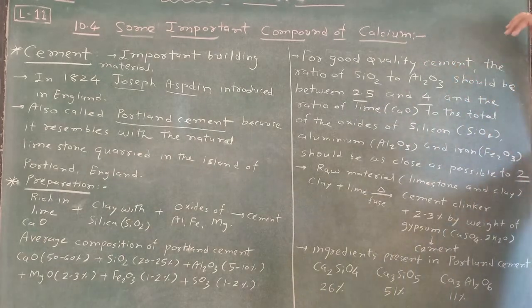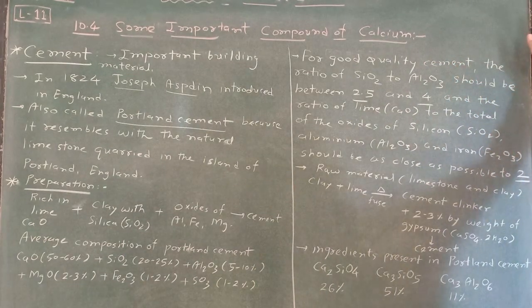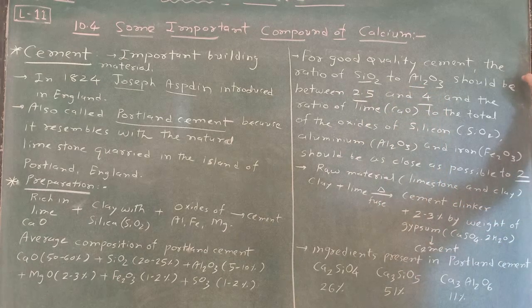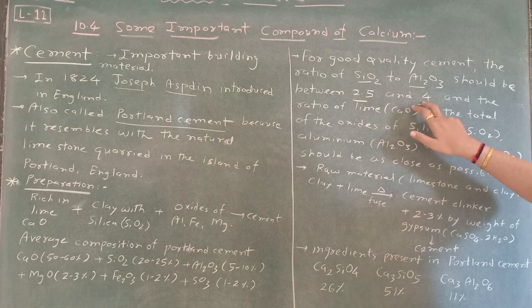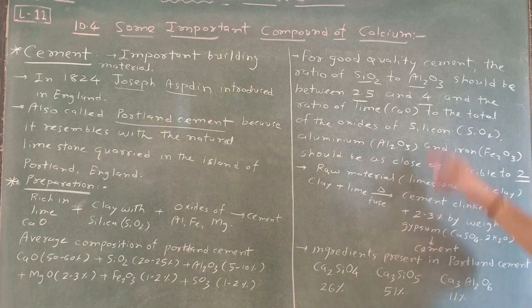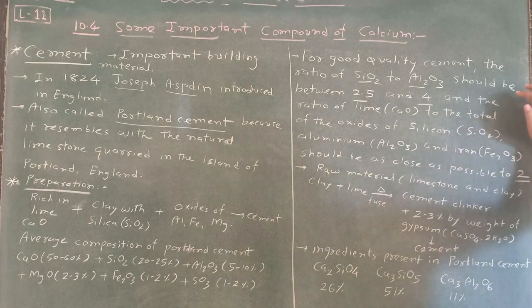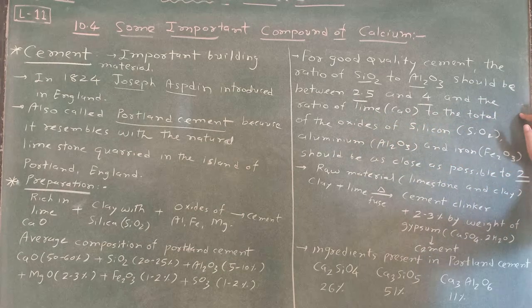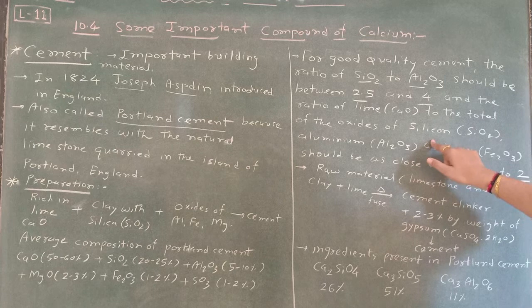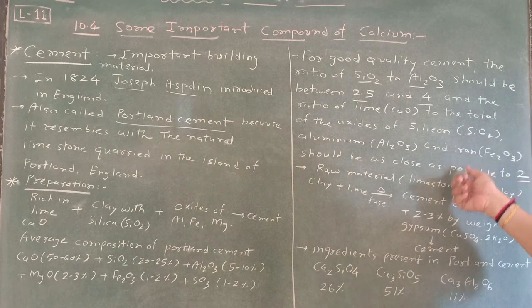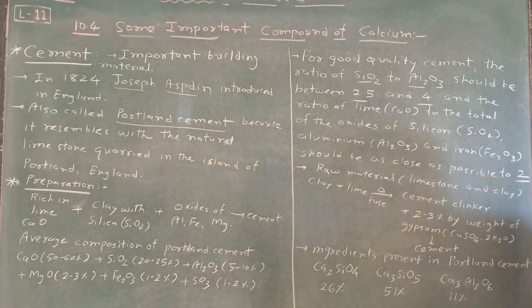For good quality cement, the ratio of silicon dioxide to Al2O3, that means silica to Al2O3, should be between 2.5 and 4. And the ratio of lime CaO to the total of the oxides of silicon, SiO2, aluminium, Al2O3, and iron, Fe2O3, should be as close as possible to 2.